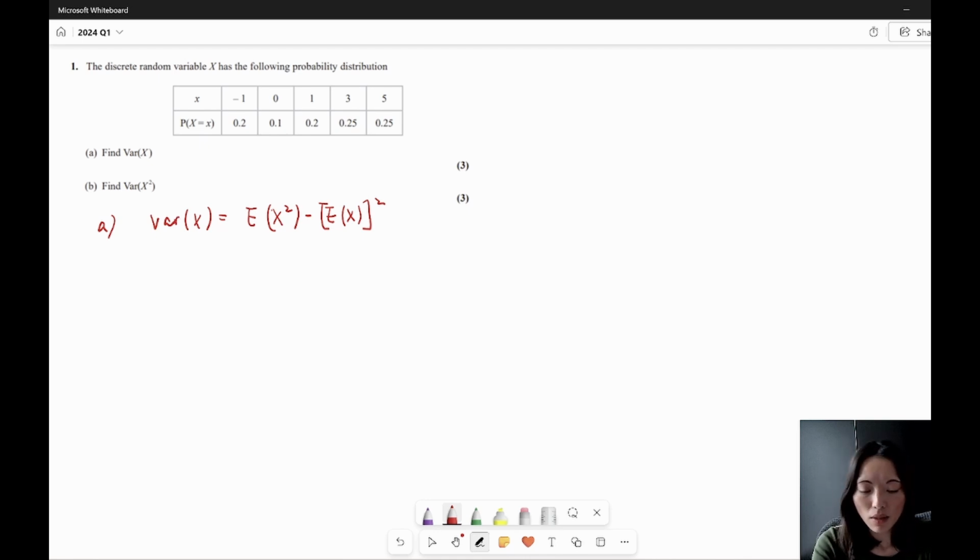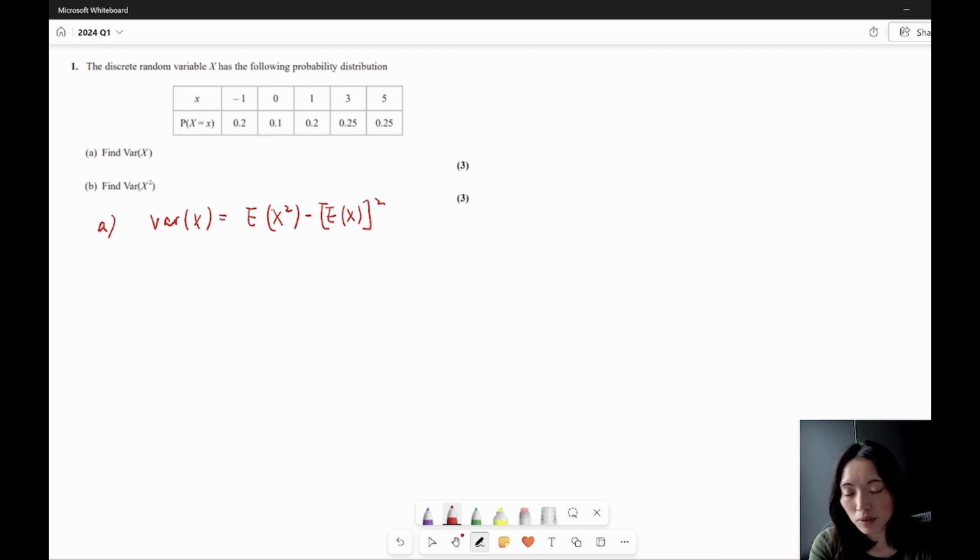So if you end up with a negative variance, then you know that you've got these two terms the wrong way round. Or you should remember that the square is always on the inside first, and then on the outside of the expectation of x. So here we need to work out the expectation of x squared and also the expectation of x.